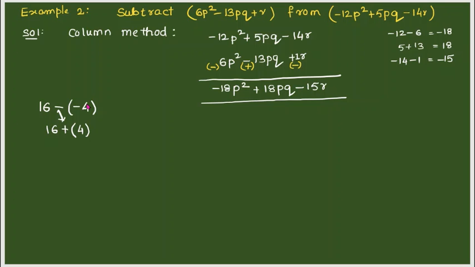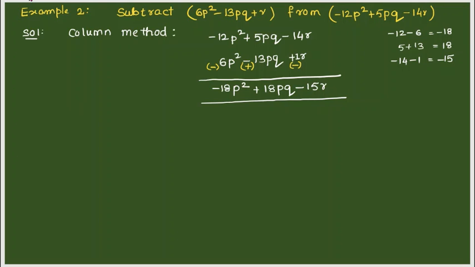The same thing you learnt in 6th class. So 16 plus 4, 20 we have got. Here also, subtracting the second expression is nothing but adding the additive inverse. So subtracting 6p square is nothing but adding minus 6p square. That's why we changed the signs of the terms of the second expression. I hope you understood this, children. Subtraction is nothing but addition, the opposite operation, adding the additive inverse.